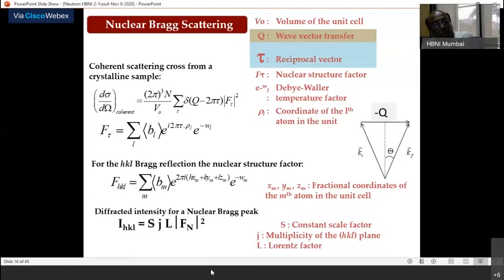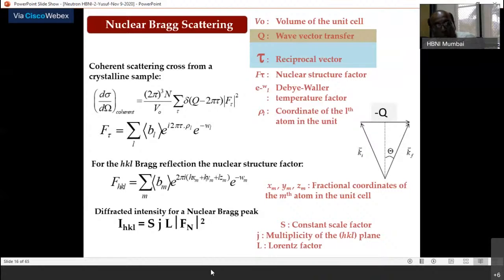I don't have to give the answer, right? 100, 010, 001, 1 bar 00, 01 bar 0, and 001 bar. So those many peaks, those many HKLs will appear at the same 2 theta, same scattering angle. So it became 6 with the cubic symmetry.